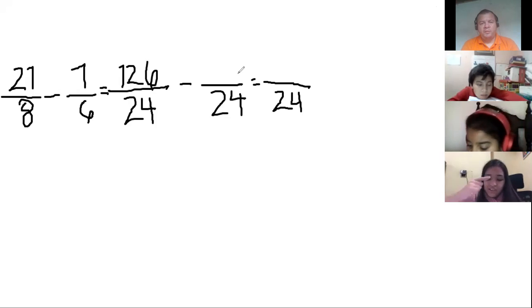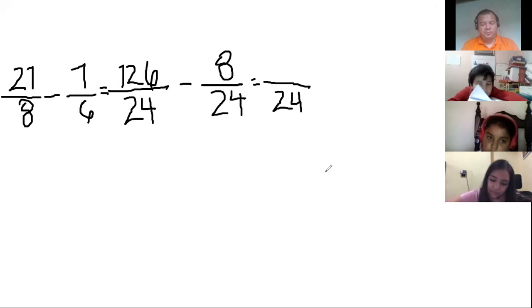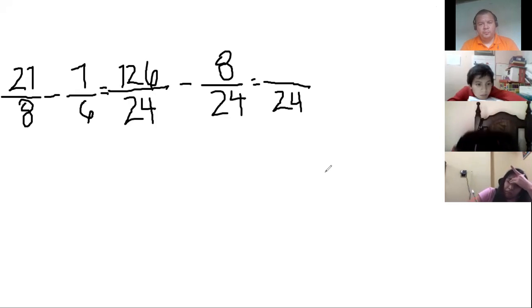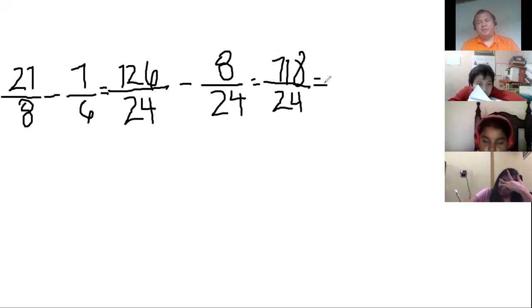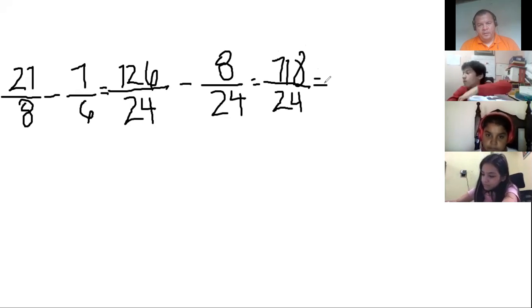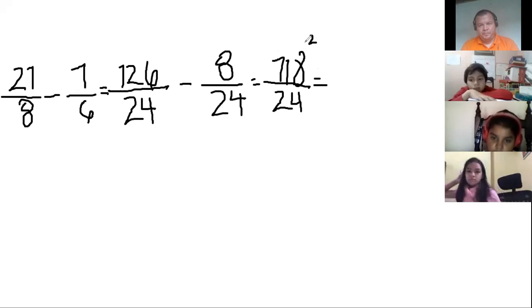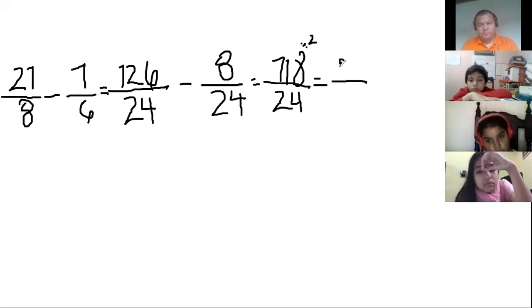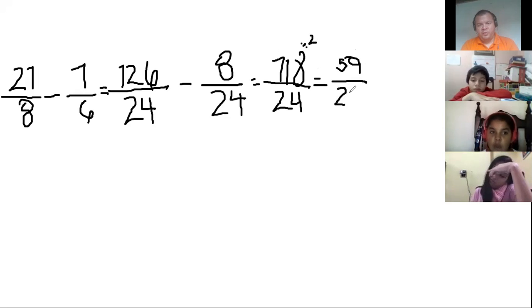8 times 1, it's equal to 8. So what do I have to do next? Just the subtraction. And this is equal to 118. Can I simplify? Yes, of course. You can divide it by 2. So this is equal to 59 over 24.